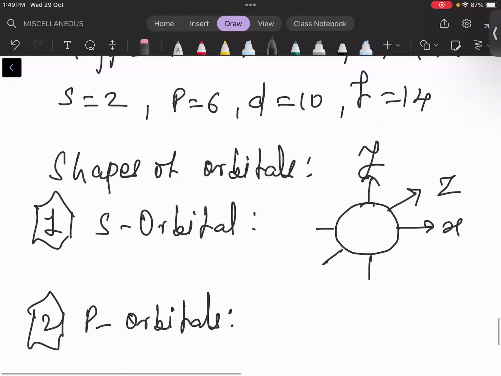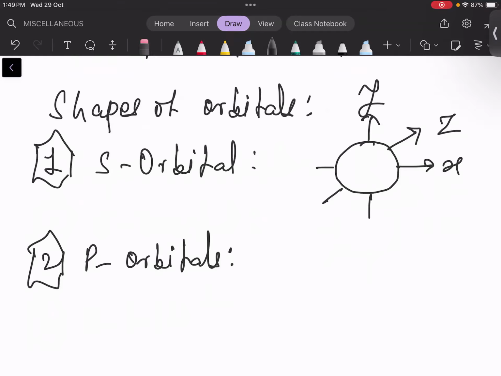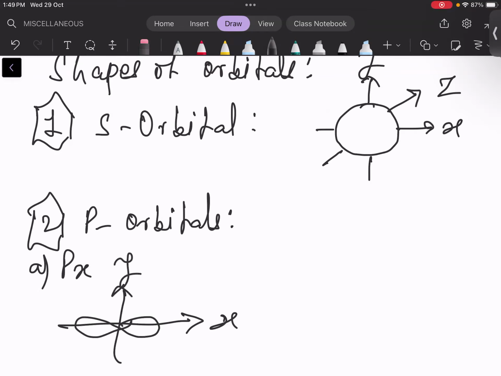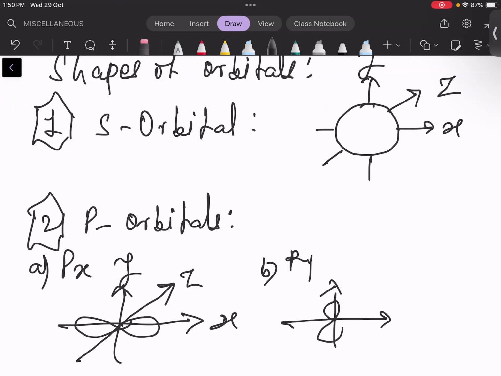Then second, the shapes of p orbitals. The p orbitals are further classified into three types. Px means their lobes lie along the x-axis. So this is the x-axis, this is the y-axis, this is the z-axis. So this is the px orbital. Then second, the py orbital: its lobes lie along the y-axis.